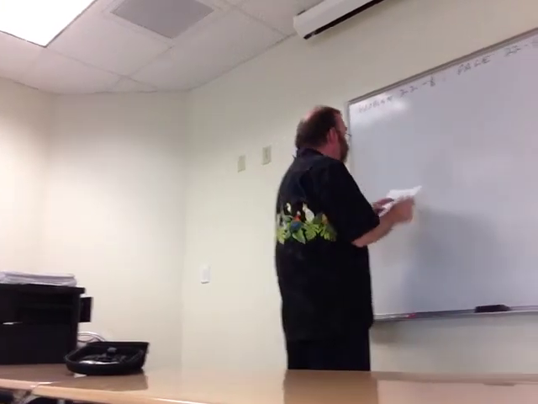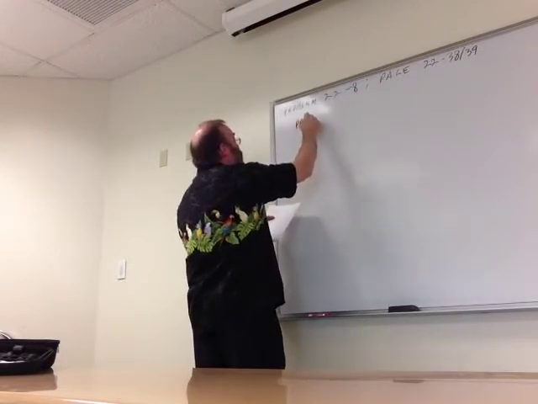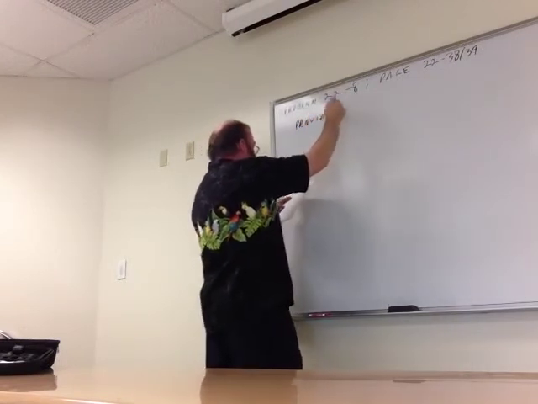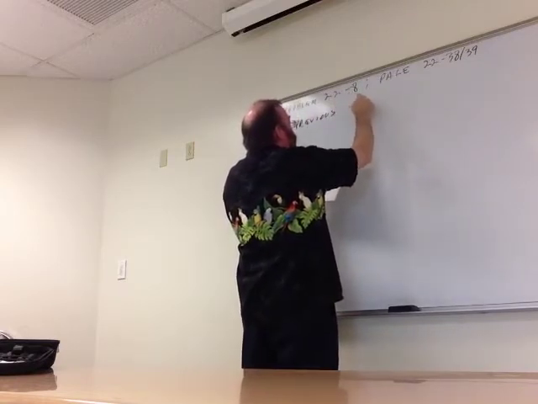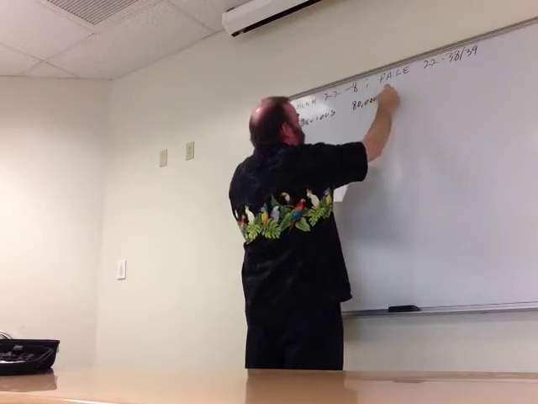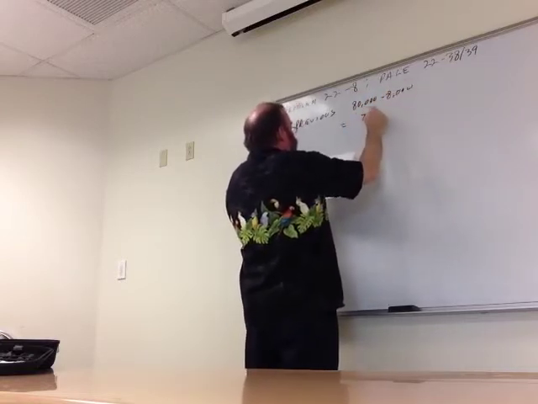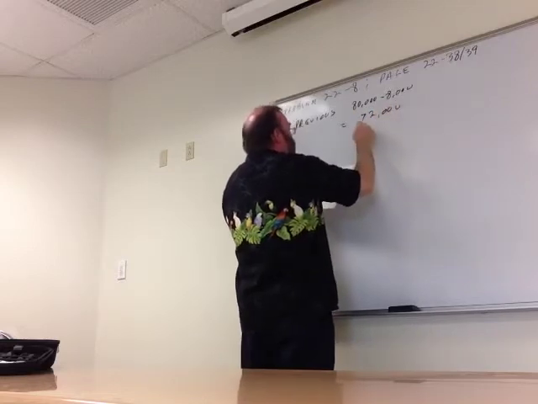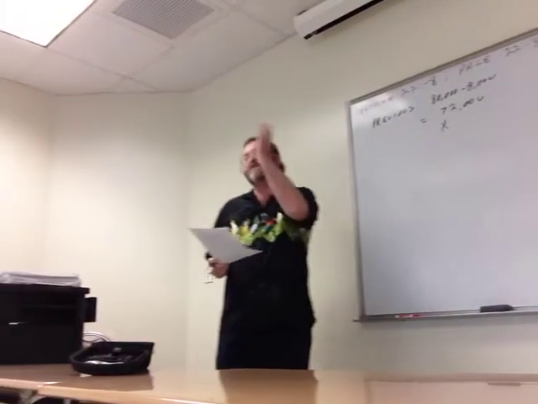So what we had been doing is we took 80,000 minus 8, which equals 72,000, and we multiplied it by twice the straight line rate. So what's the straight line rate on a 5-year property?